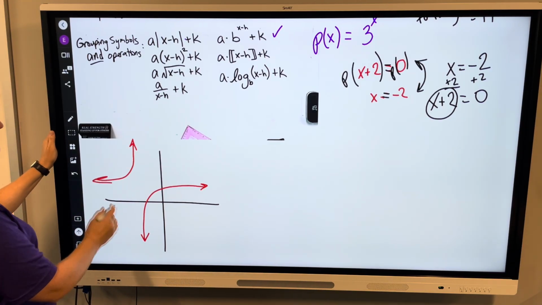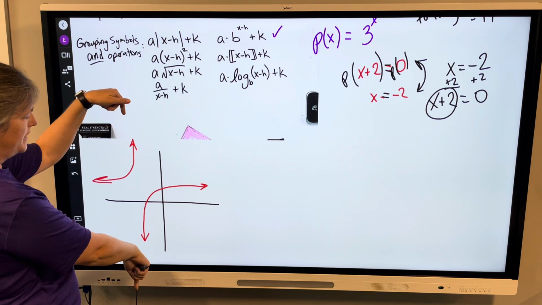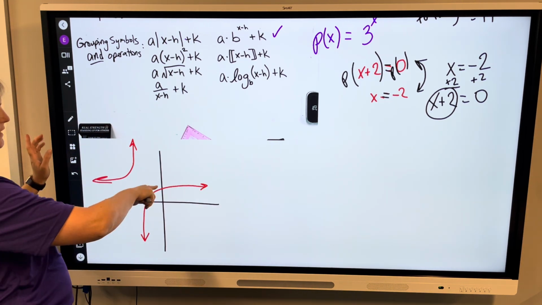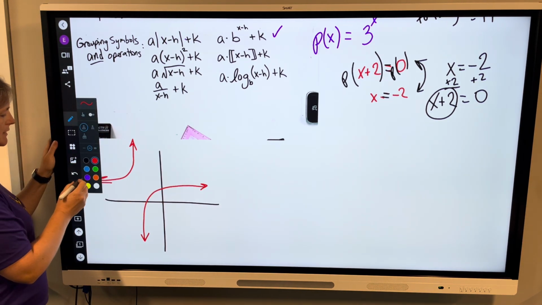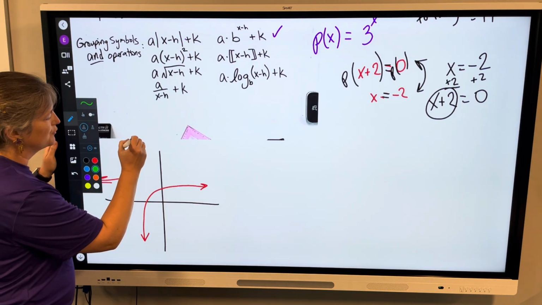So we can see that asymptotic behavior. It's pointing in opposite directions and kind of seems to be following a line. So we draw that asymptote.